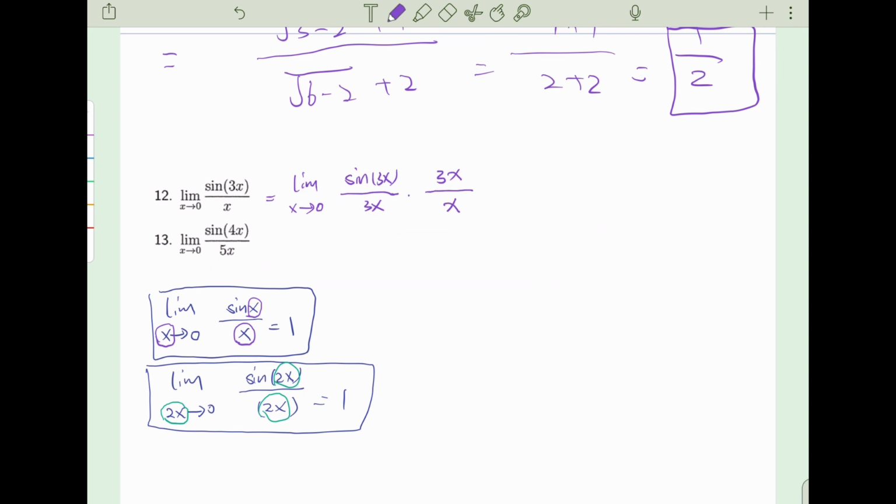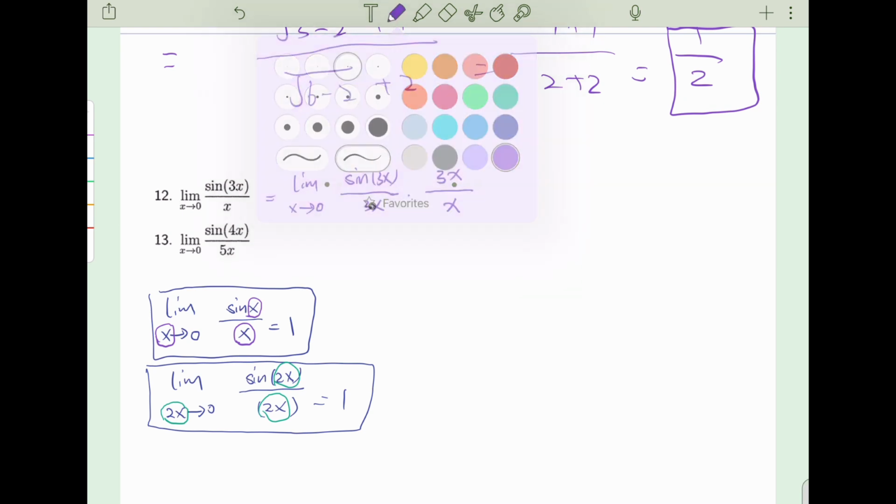Now, this is still the original expression, right? I just multiply 3x on the top and in the bottom at the same time. I didn't do anything else. So this expression stays the same. I don't change the expression.